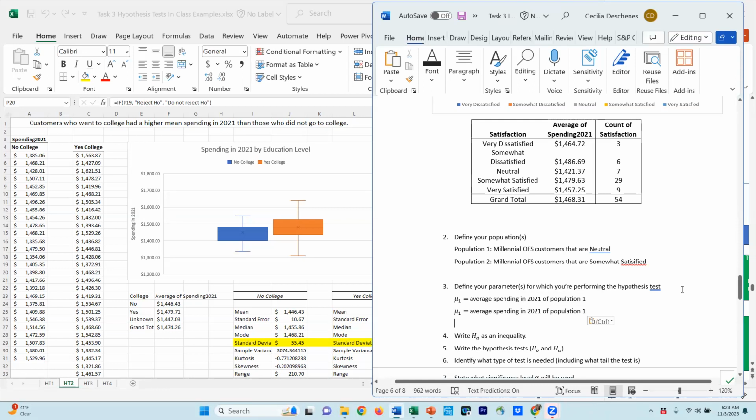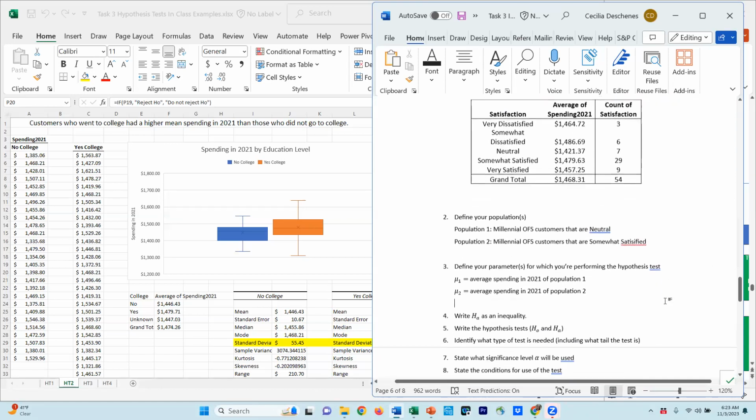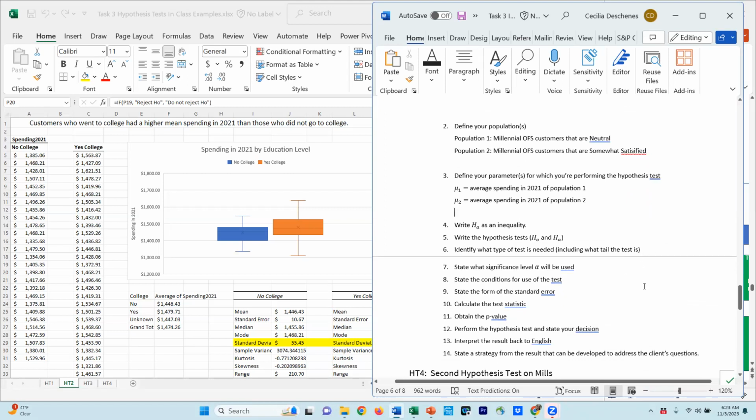And at this point, it's going to kind of follow along the way the previous example was set up.